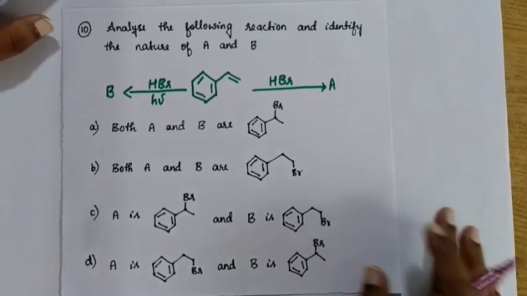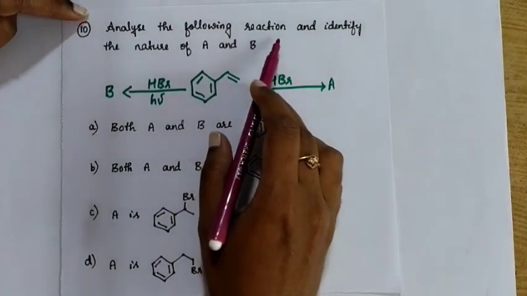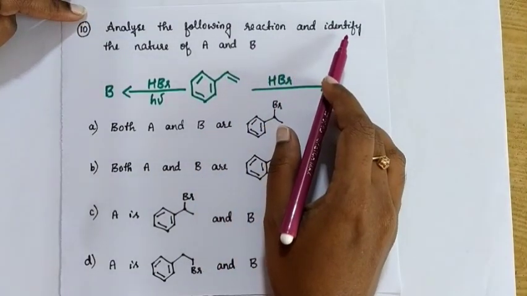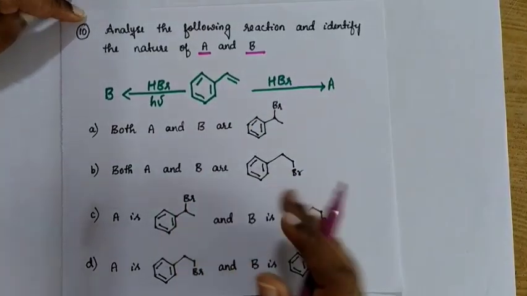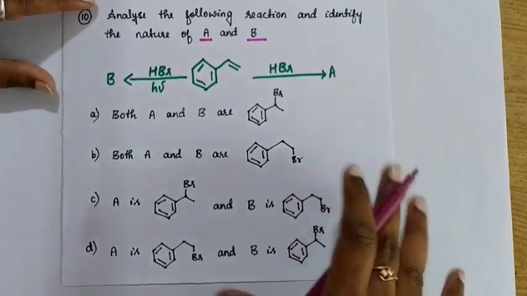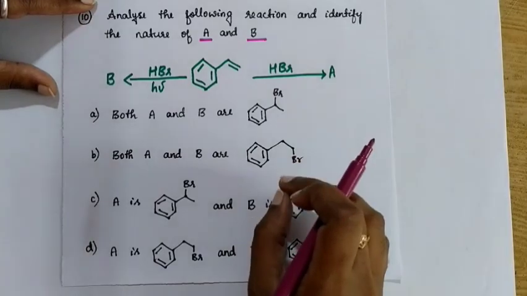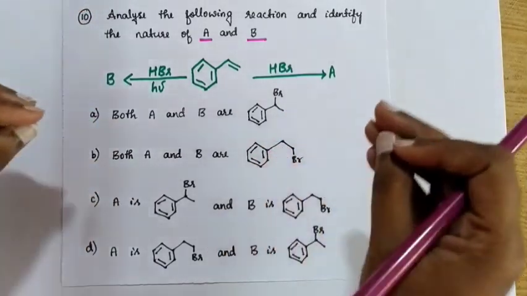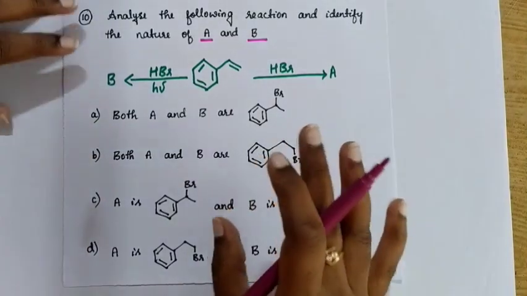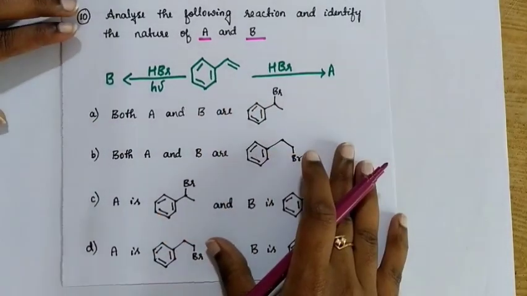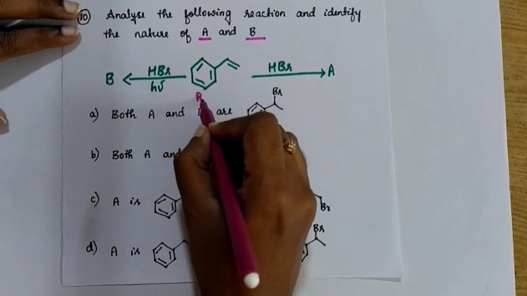10th question is, analyze the following reaction and identify the nature of A and B. See, it looks difficult, but it is very easy. And the interesting thing is, there are two concepts included here in one single question. So you need to be careful while answering this question. This is our reactant.